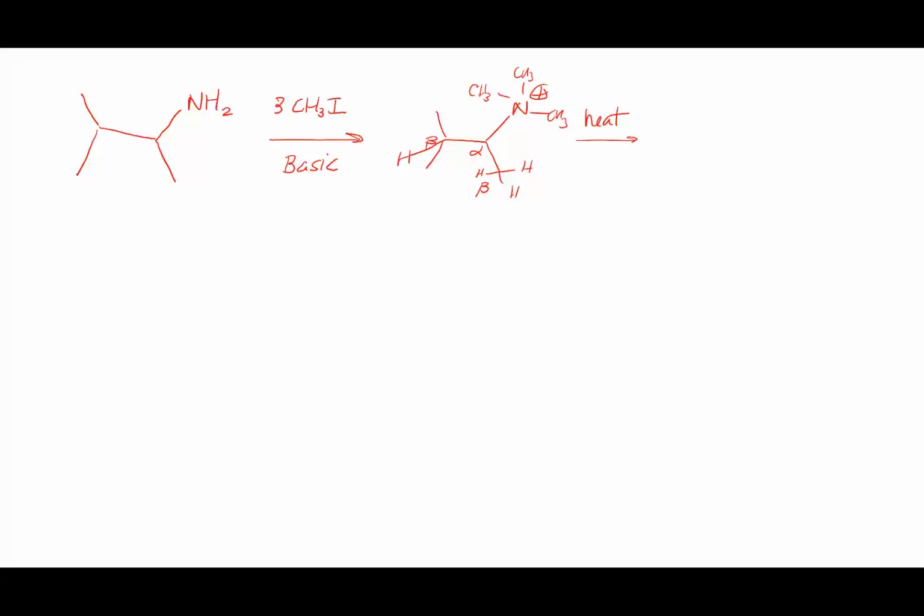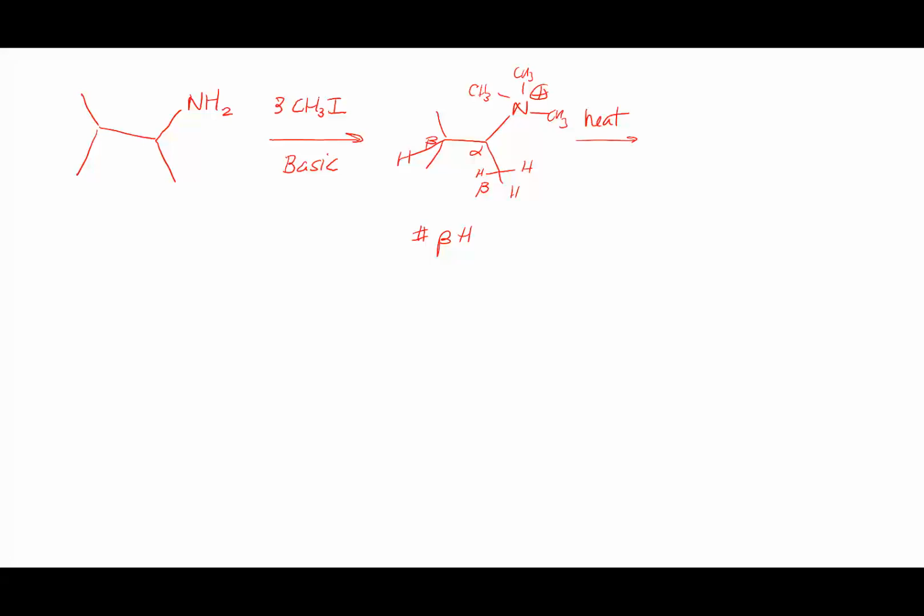I'm going to lose the hydrogen that's attached to the least substituted carbon, so that I'm going to make the Hofmann product, or the least stable product. So this reaction is totally based on the number of beta hydrogens. The carbon with the most beta hydrogens is going to be the one that loses the beta hydrogen to form the product.